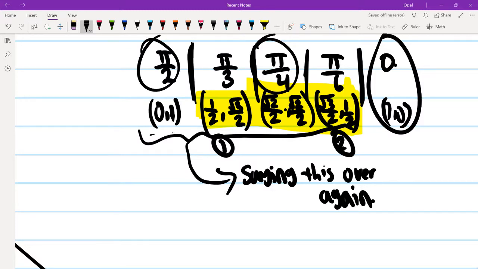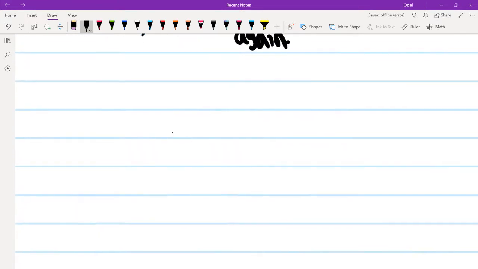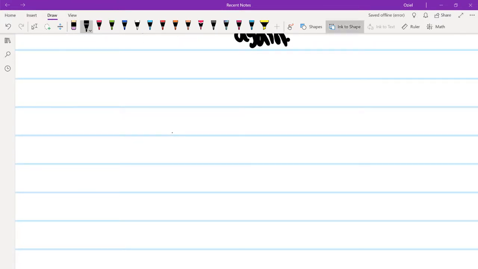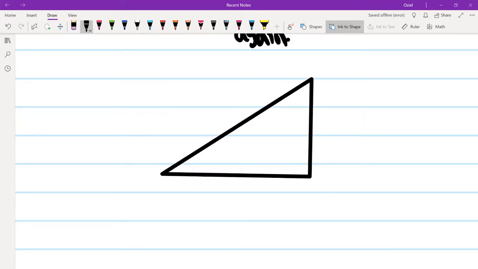Another way you can memorize it is if you think about your right triangles. That to me was actually harder because I just didn't know how to do it. But if you want to do it using the right triangle method, that's fine.